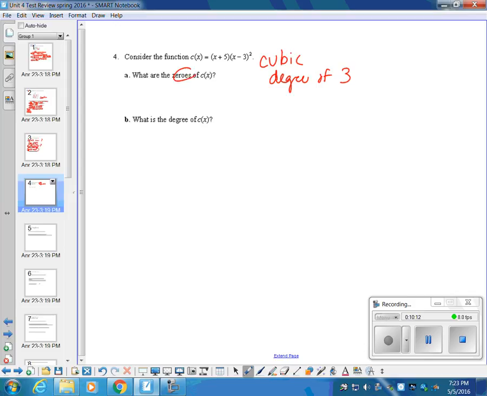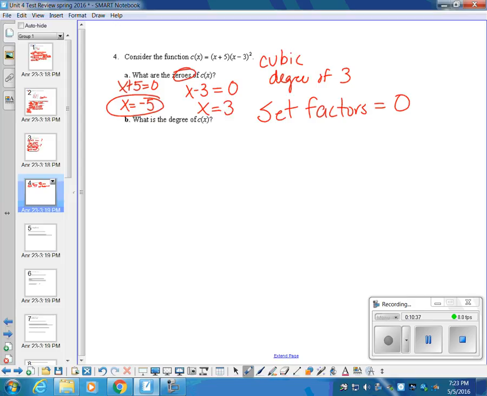It wants to know the zeros, so set the factors equal to 0. x plus 5 equals 0, so x equals -5. x minus 3 equals 0, so x equals 3. Those are your zeros, -5 and 3. That's where it would cross the x-axis. And we already said the degree was 3. That's all there is to number 4.